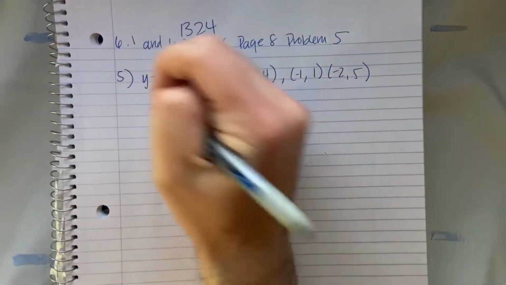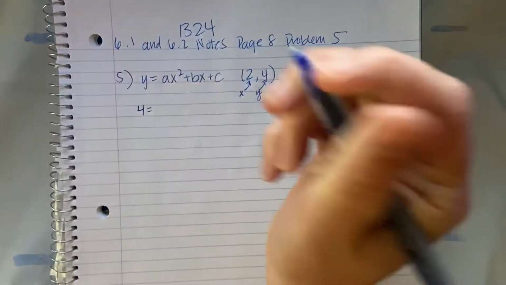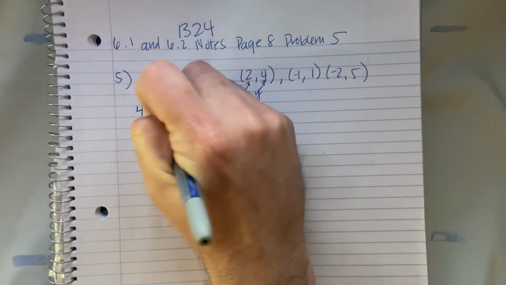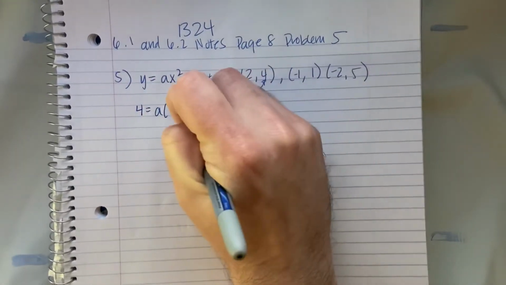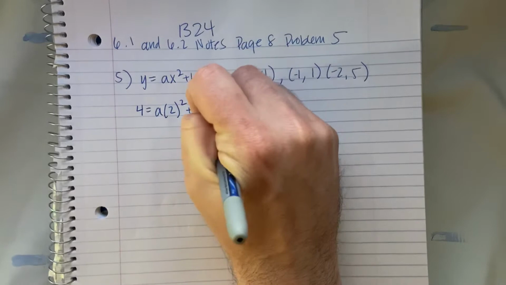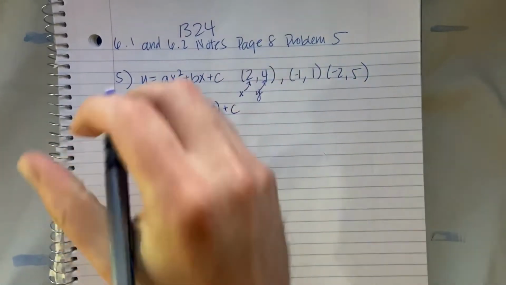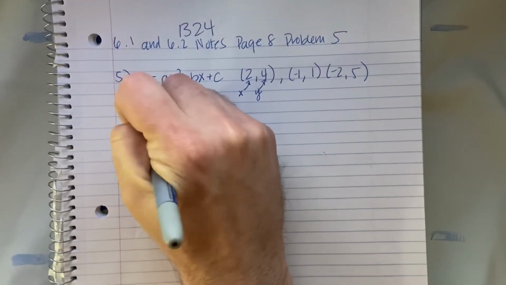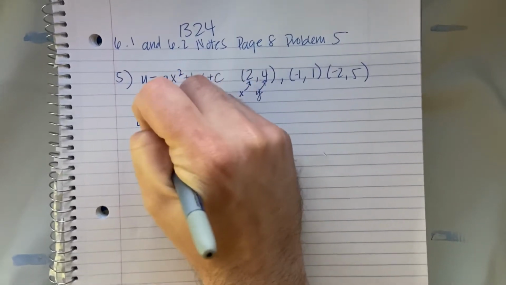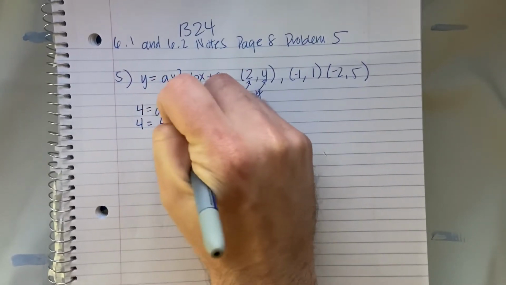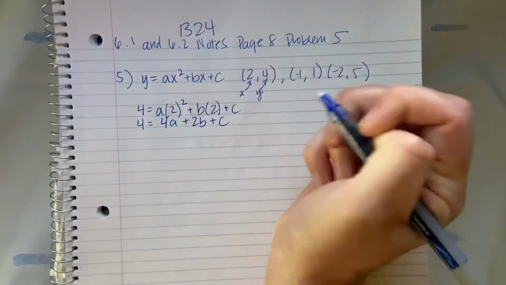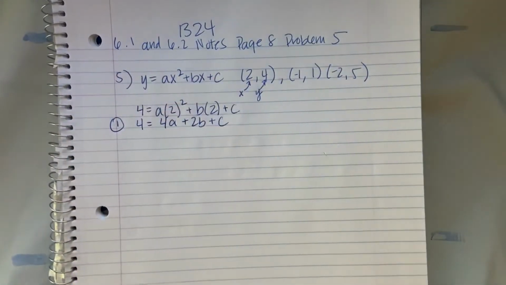So we've got 4 equals a times 2 squared plus b times 2 plus c. Or, 2 squared is 4, so 4 equals 4a plus 2b plus c. That is our first equation.